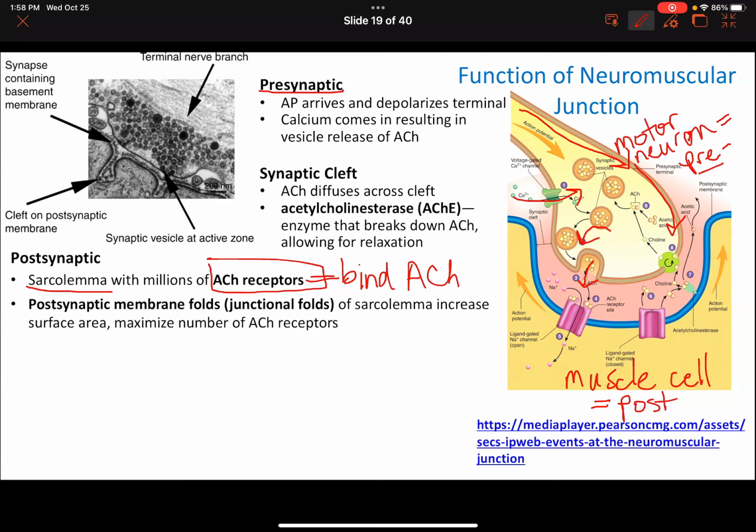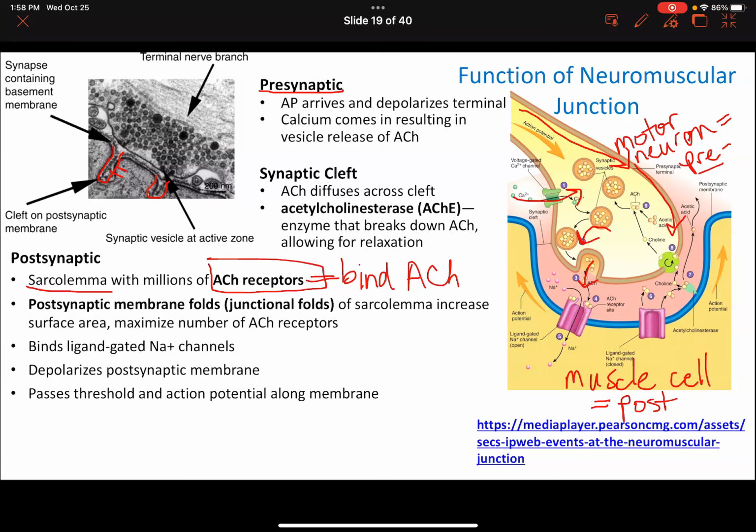They're receptors that are going to bind a ligand. And in this case, our ligand is acetylcholine. The postsynaptic membrane then has these acetylcholine receptors, and they have folds as well, which you can see in this electron micrograph. And by having these folds in the membrane, it allows it to have a lot more acetylcholine receptors. So there's a lot of these here that can bind our acetylcholine.